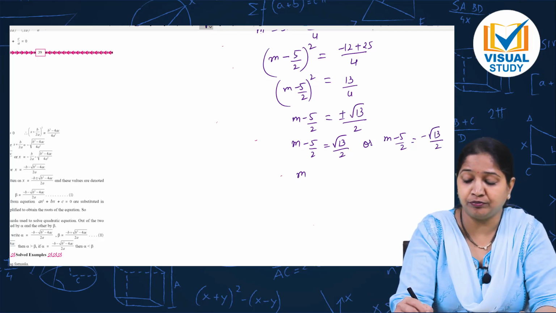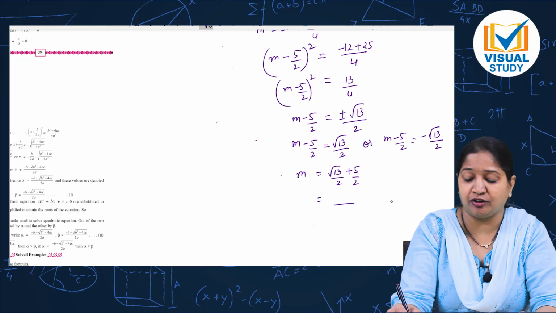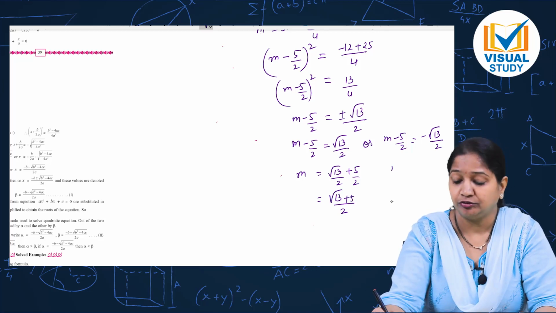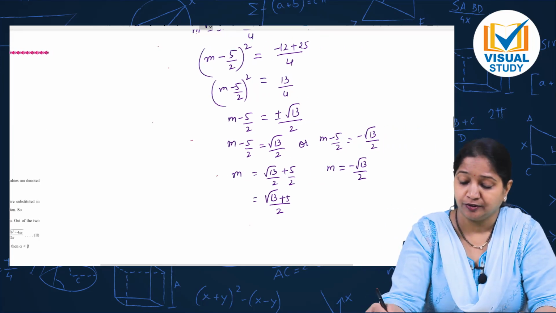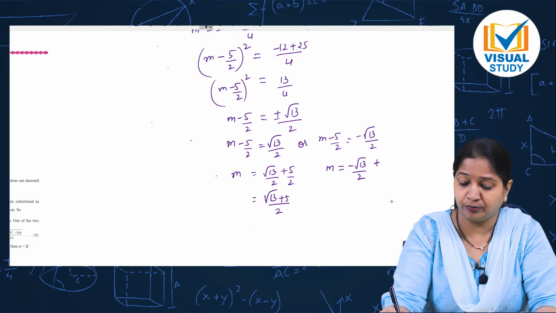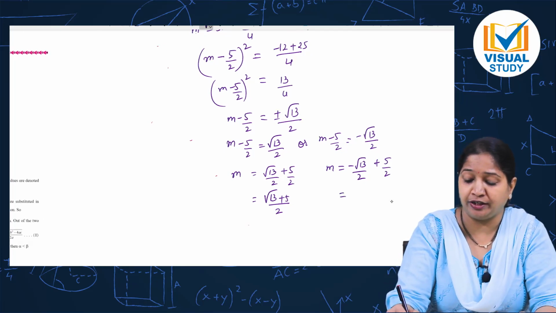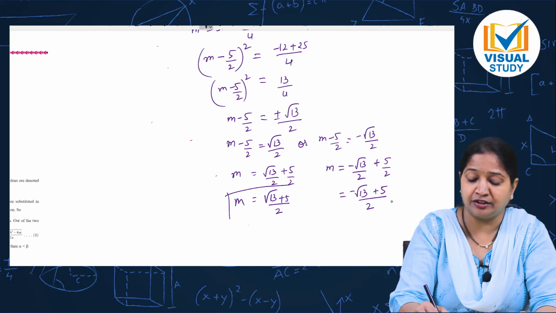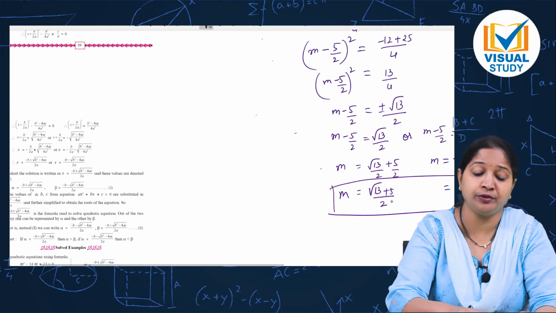That is m equal to root 13 upon 2 plus 5 upon 2 and you get your final answer, that is root 13 plus 5 upon 2. Here m equal to minus root 13 upon 2 plus 5 upon 2 and you get your final answer, that is minus root 13 plus 5 upon 2. So you get the value of m. Okay.